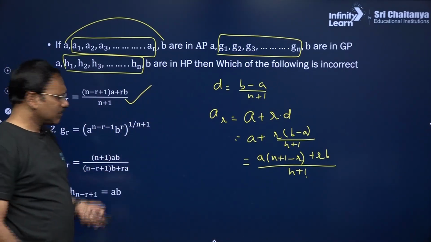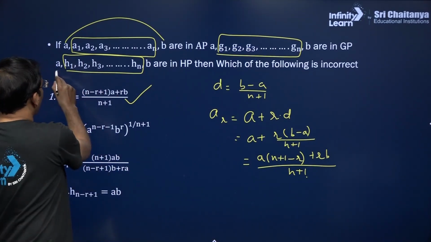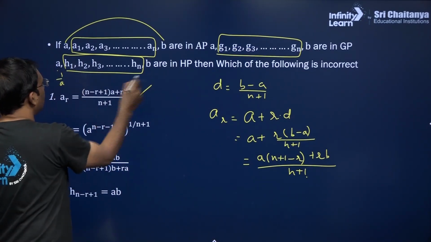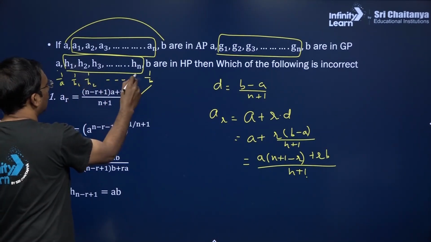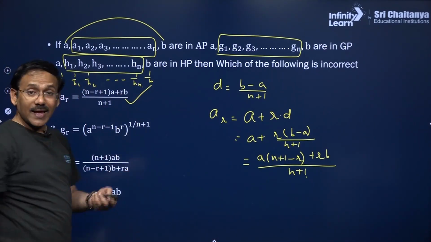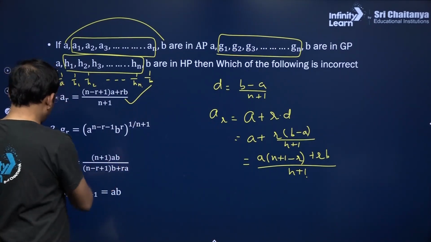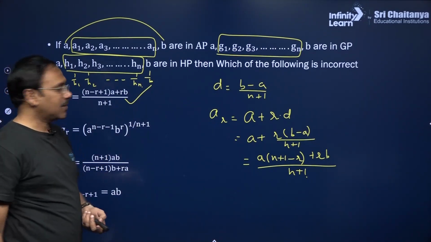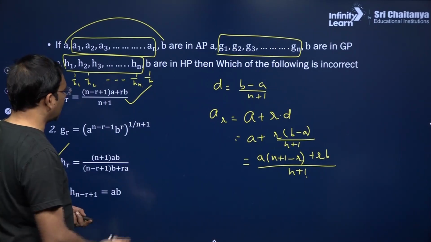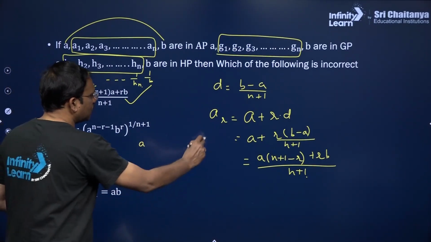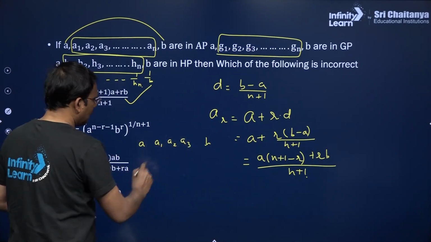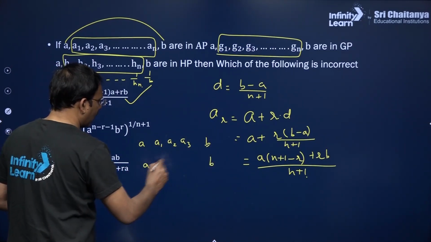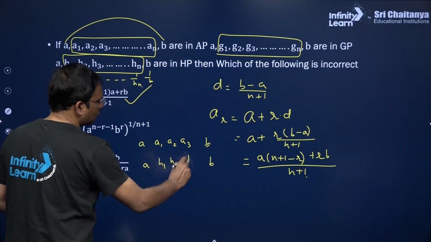This is correct. In the same way, you apply for harmonic mean also, that is between 1 by A and 1 by B, 1 by H1, 1 by H2 and so on, 1 by Hn are n arithmetic means. You just apply the same, you will get third option correct. Moreover, my dear friends, fourth option is also correct, because suppose between A and B you have kept 3 arithmetic means, and between A and B you have kept 3 harmonic means H1, H2, H3.